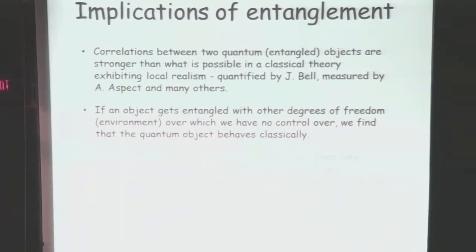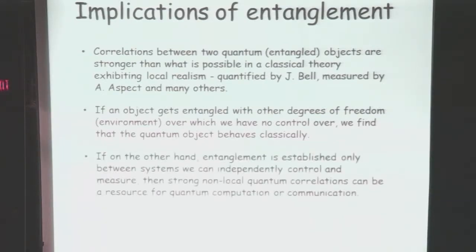If this is the case, this entanglement is no longer a resource, it's a problem. It's what we refer to as decoherence, and it is at the heart of the emergence of classicality or classical behavior of quantum systems.